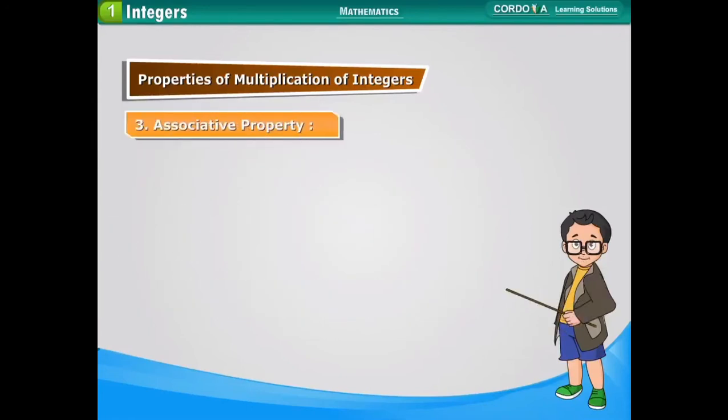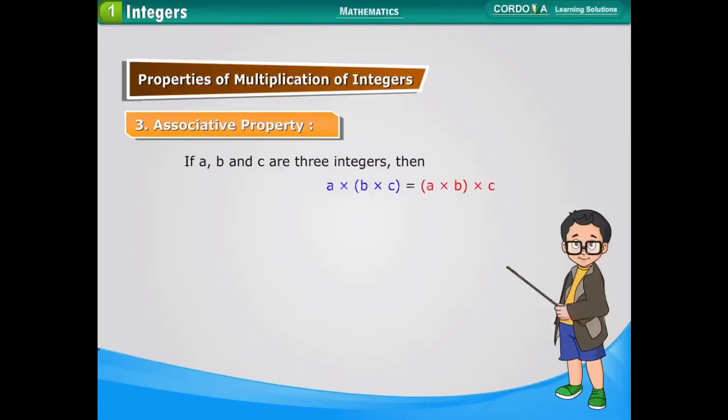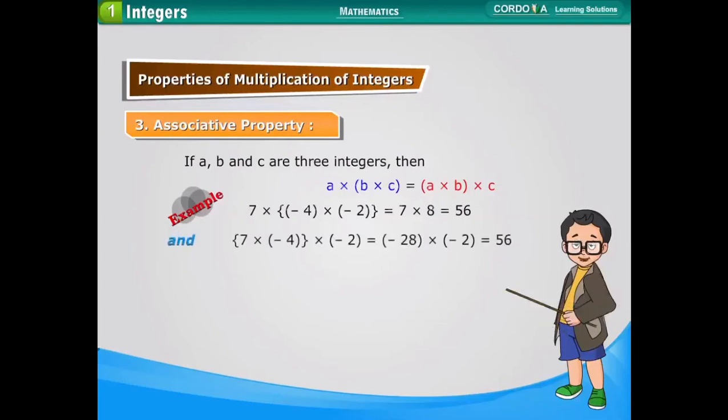Associative property. If a, b and c are three integers, then (a × b) × c = a × (b × c). Example. 7 × (−4 × −2) = 7 × 8 = 56. And (7 × −4) × −2 = −28 × −2 = 56.